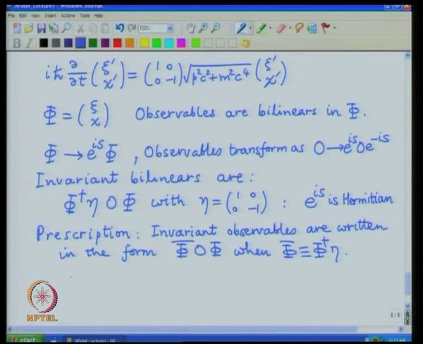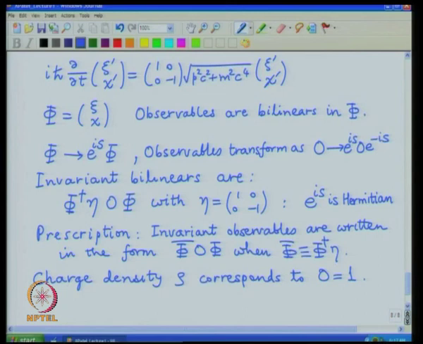In particular, now one can go back and look at the charge density which we had dealt with earlier. The charge density rho corresponds to phi bar O phi, O just being the trivial identity operator.